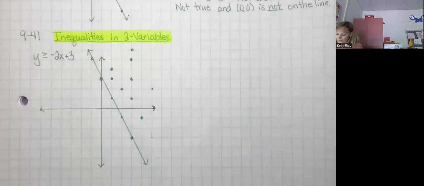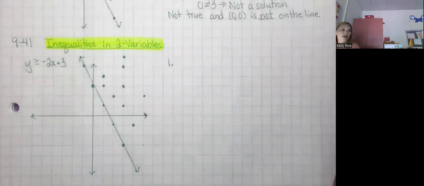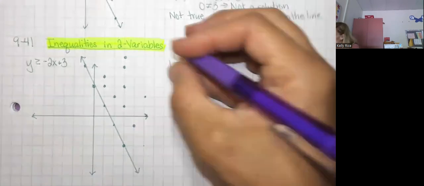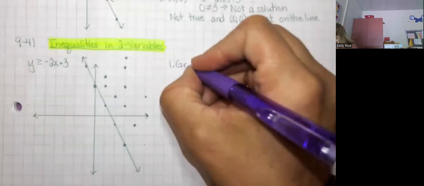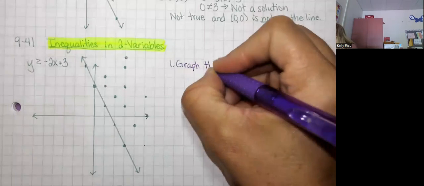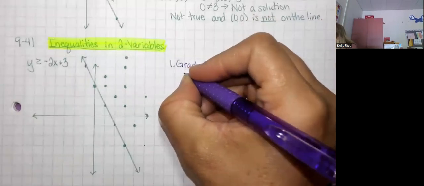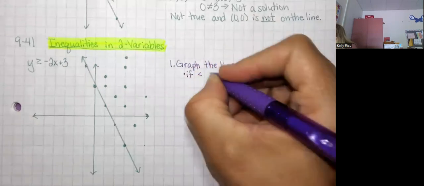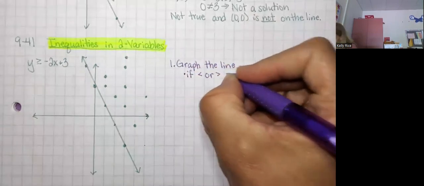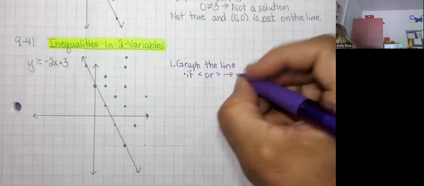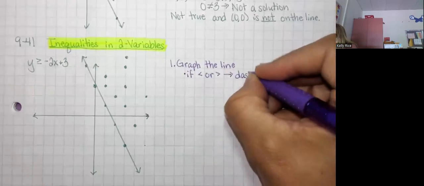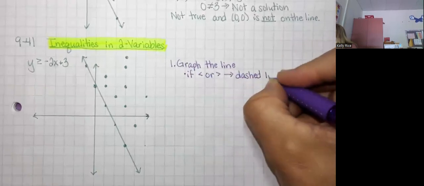So here, I'm going to list the steps we did last week. The first thing you do is graph the line. You just pretend like it says equals. If you have less than or greater than, you have a dashed line.